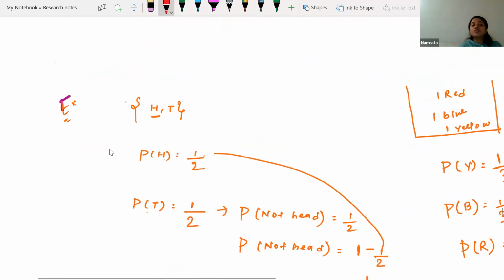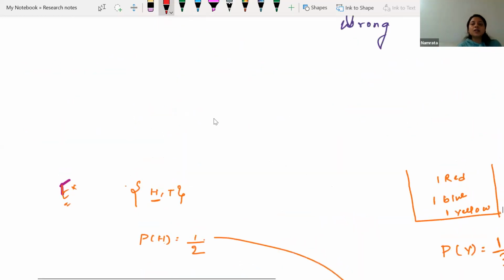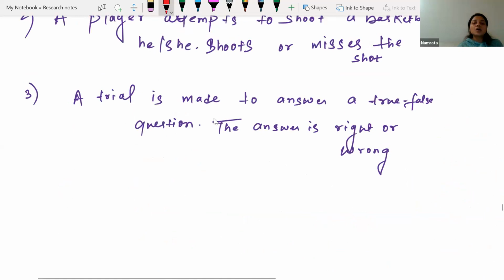Apart from that, one more thing: whenever we find the probability, let's say we are just tossing a coin, the outcomes, or the sample space, again and again I say sample space so that this word gets registered in your mind. Sample space means all the outcomes, the total number of outcomes. A list of all the outcomes is called the sample space, that means a collection of all the outcomes.